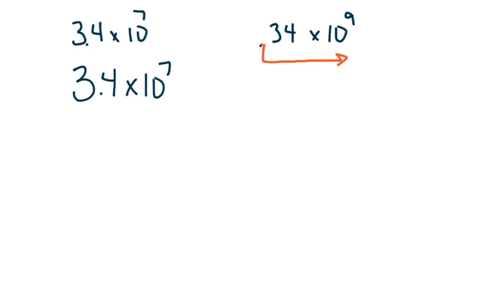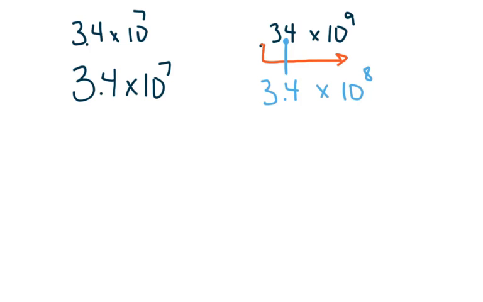But in order for this to be in scientific notation, the decimal point has to be here. So I'm cutting off one of those places. So that means if in the red I had to move 9 places, then the blue only has to move 8 places. So it's 3.4 times 10 to the 8th power.